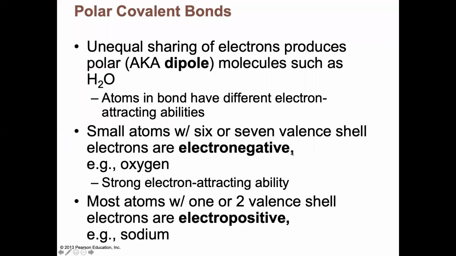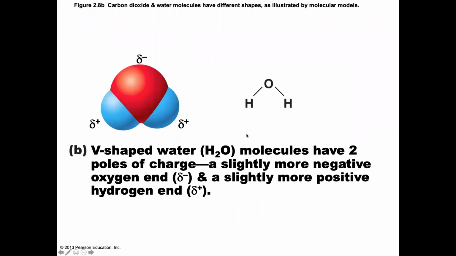The electronegative atoms, we know where they are. The electropositive atoms, we know where they are, okay? So what about water? Water has polar covalent bonds in it, right? The oxygen is electronegative, the hydrogen is electropositive, and so even though they form a covalent bond with each hydrogen, the oxygen atom spends more time with the electrons, and so it takes on a slight negative charge, and the hydrogens take on a slight positive charge, okay?